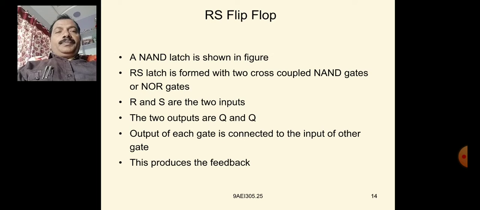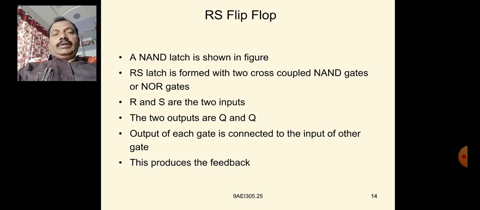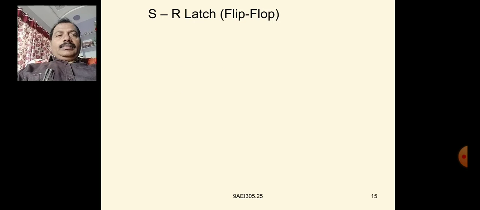So the RS flip-flop is there. Let us consider the NAND latch. The RS latch is formed with two cross-coupled NAND gates or NOR gates only. Generally, NAND and NOR gates are the universal gates which are used to design flip-flops and latches.